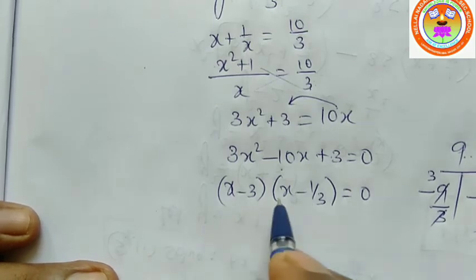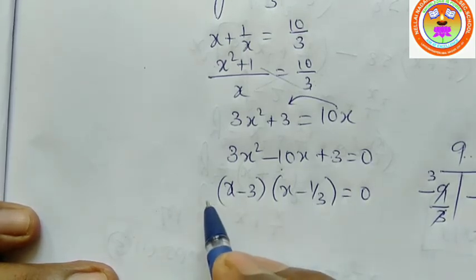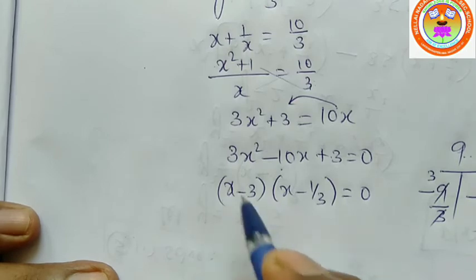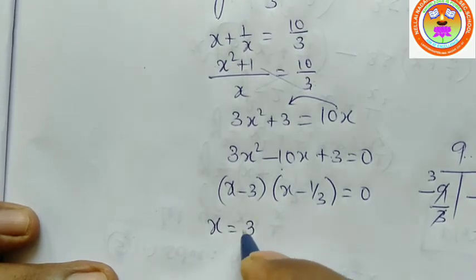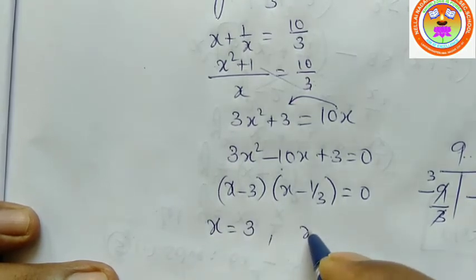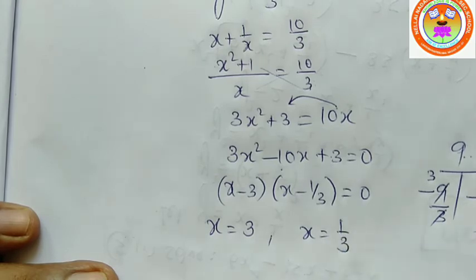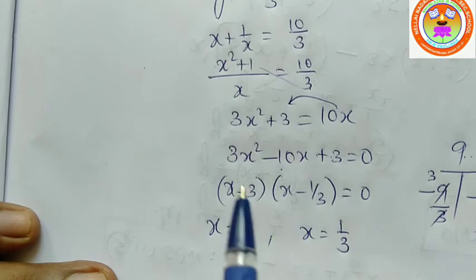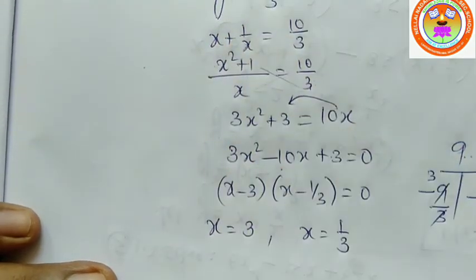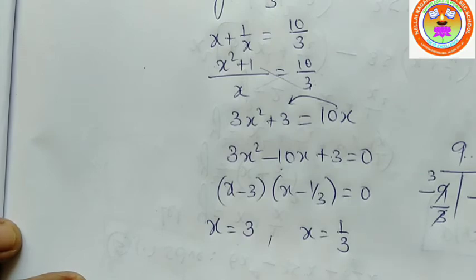So product of two terms 0 means either the first term 0 or the second term 0. That means we are getting x is equal to 3 or x is equal to 1 by 3. So we got 4 roots. That is x equal to 2, x equal to 1 by 2, x equal to 3 and x equal to 1 by 3.